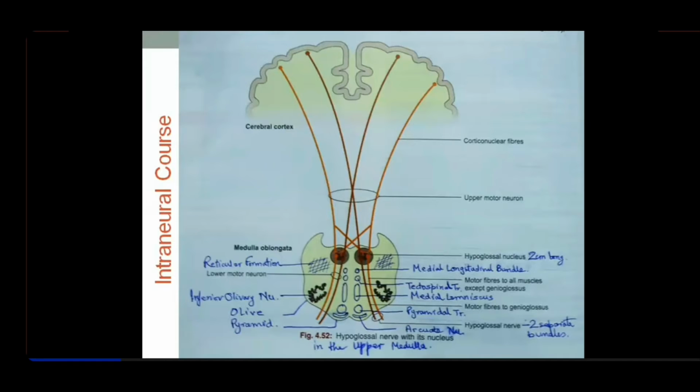However, the lower motor neurons, they supply ipsilateral side. So if it's an upper motor neuron lesion, in case of spinal accessory nerve, there will be contralateral loss of innervation to trapezius and ipsilateral loss of innervation to sternocleidomastoid.